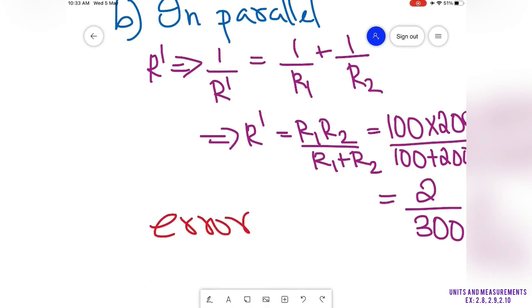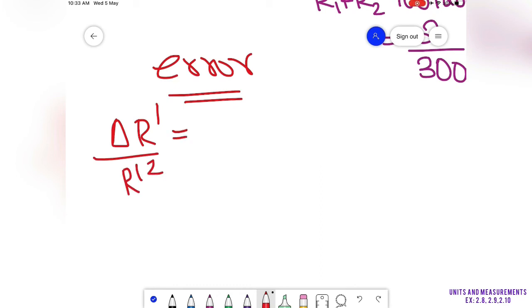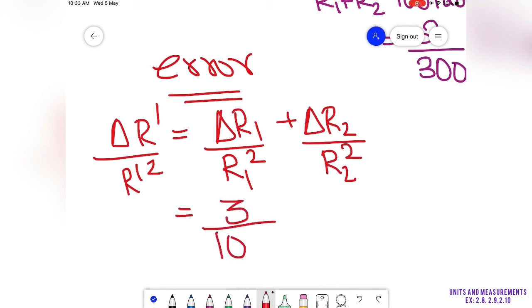So let's do the error values. Write down the formula: delta R dash by R dash square will give you delta R1 by R1 square plus delta R2 by R2 square. So substituting the values, 3 by 100 square plus 4 by 200 square.